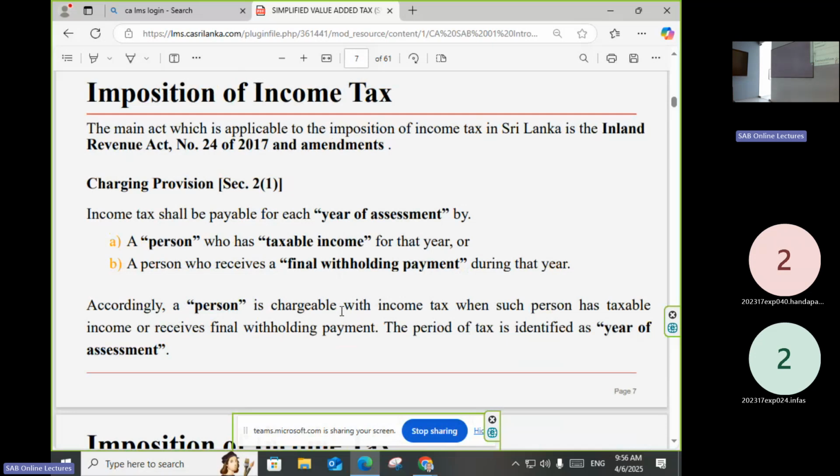As per Act number 24 of 2017, the charging provision, section 2, says income tax shall be payable for each year of assessment.